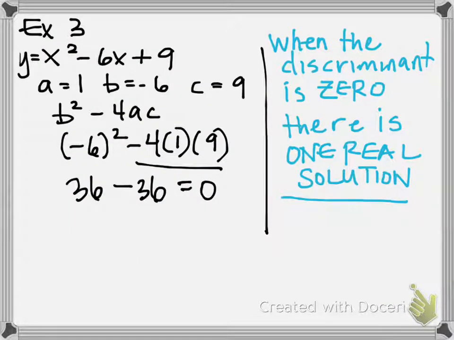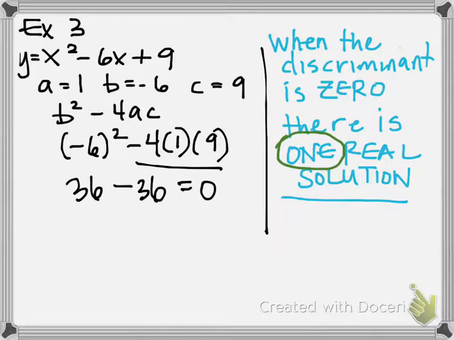Here's our third case. Here's our problem. Identify A, B, C. Here's the formula for the discriminant. Plug it in. When you solve the discriminant, you get 0. Here's what 0 means: when the discriminant is 0, there is one real solution.